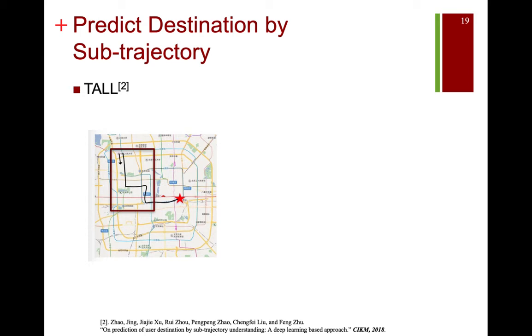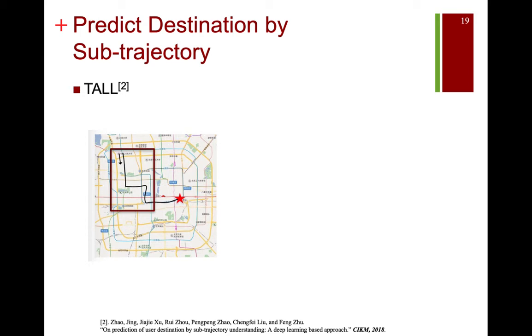Some of you may have a question: the destination of a trajectory is usually a single GPS point, right? Then how can we predict a single GPS point specifically? I have to point out here, no, we indeed cannot do that.